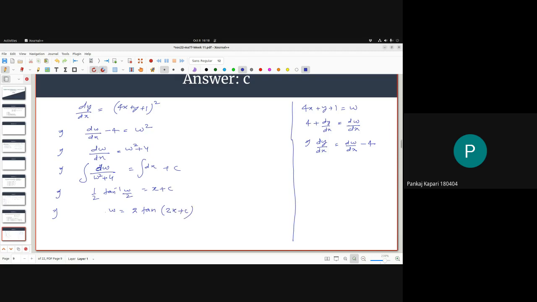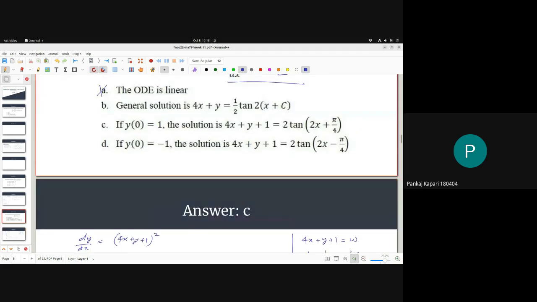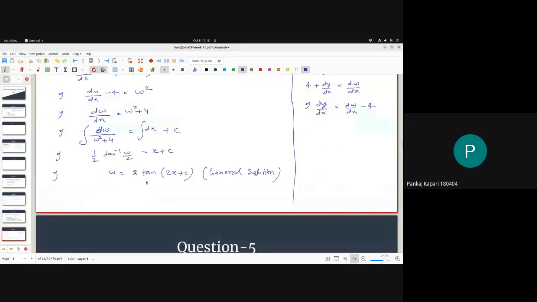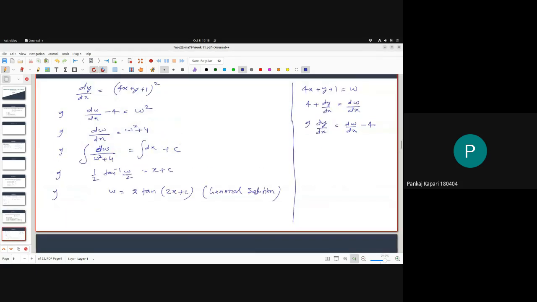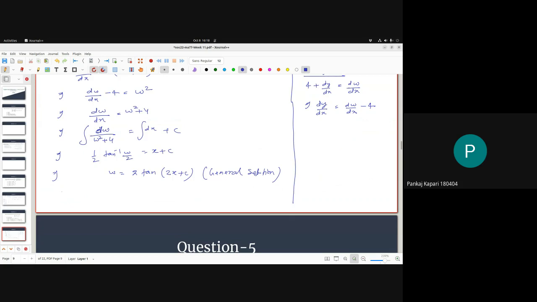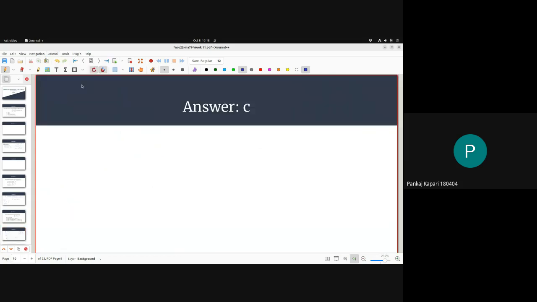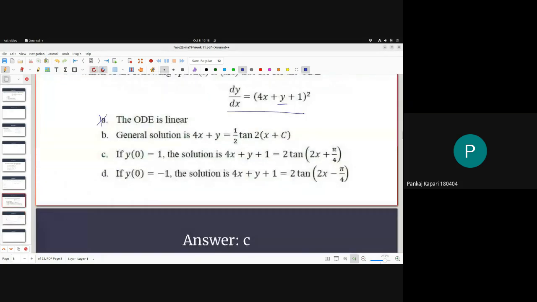So this is our general solution. Now instead of w, we can put our original function, which is 4x plus y plus 1. So we have 4x plus y plus 1 is equal to twice of tan of 2x plus constant. Okay, so you can see that the second option is also incorrect because this is not the general solution.